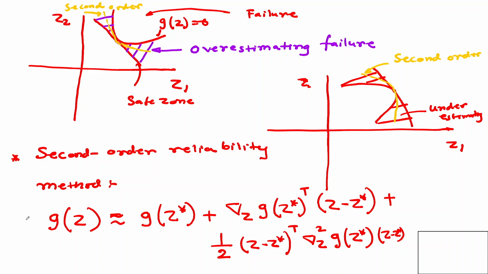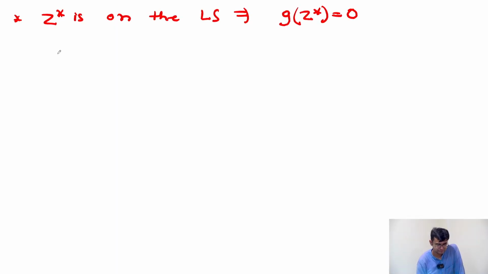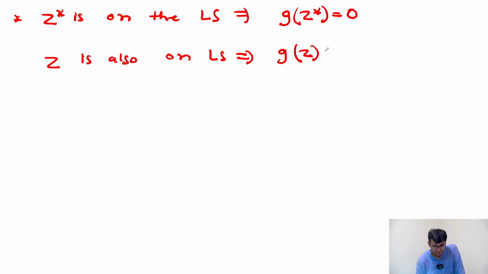So g of z star is equal to 0, and g of z is also equal to 0.